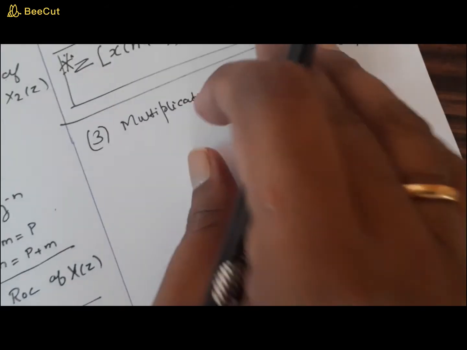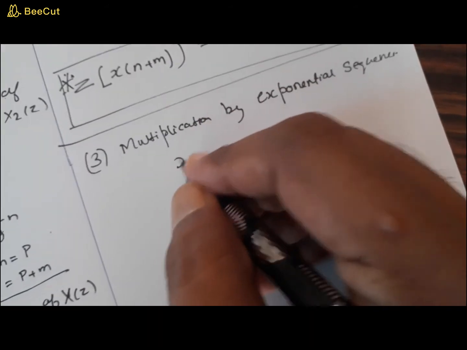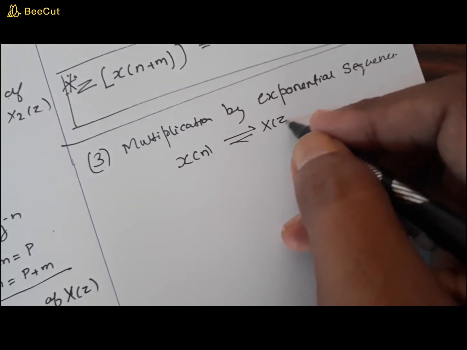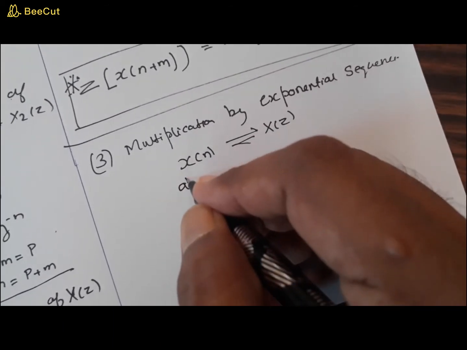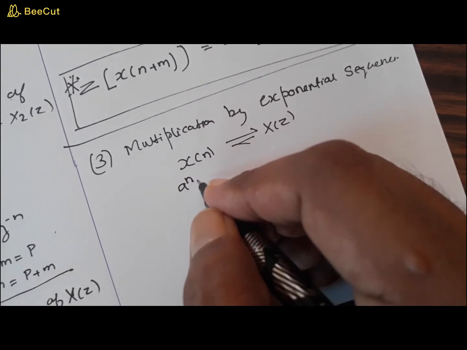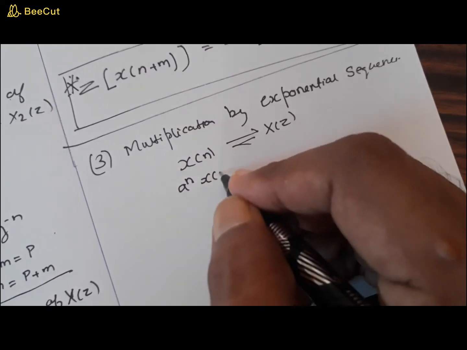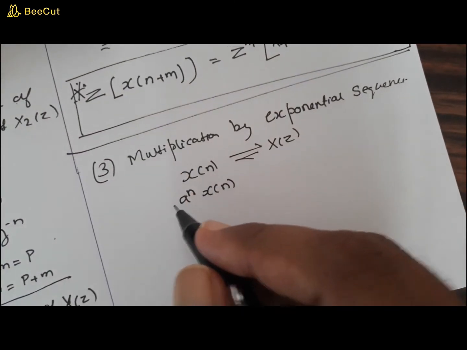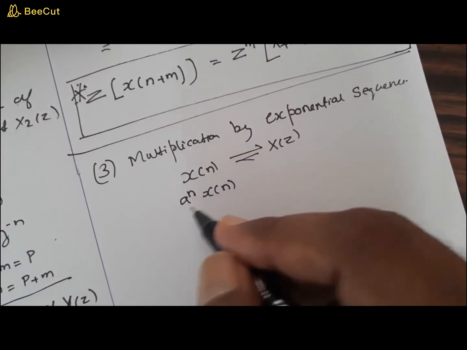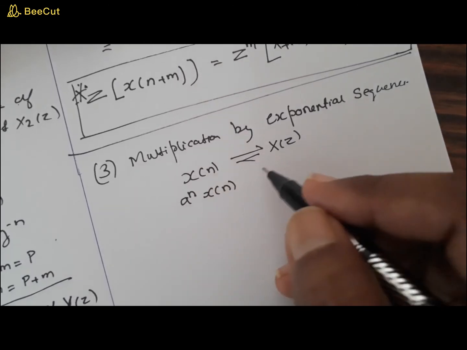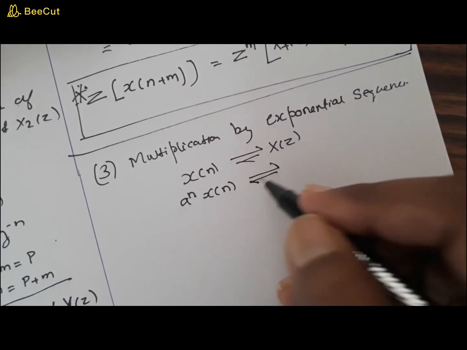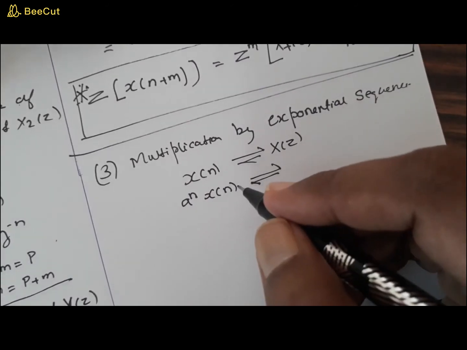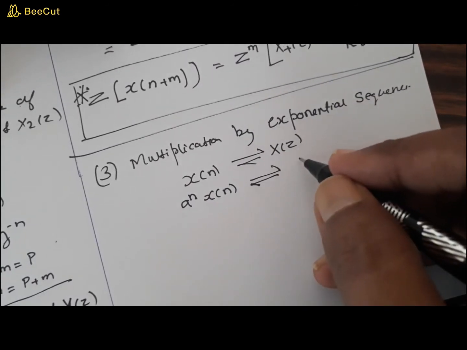Now the next property is, say you have x of n whose Z transform is x of z. Then a raised to n into x of n, where a raised to n is the discrete time exponential signal. If it is multiplied by an exponential signal, what is the Z transform?